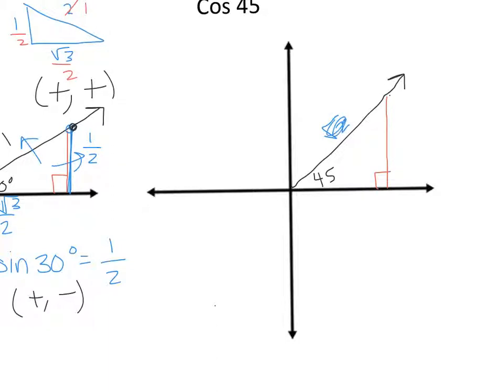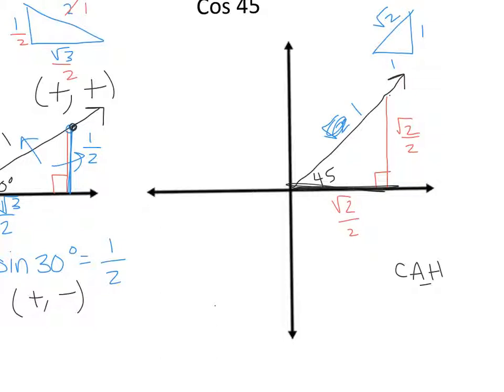In a unit circle it's 1. But in our other triangle it was √2. So you can go ahead and solve it, but basically both of these sides are going to be √2/2, √2/2. So if you're trying to find the cosine, it's adjacent divided by hypotenuse.